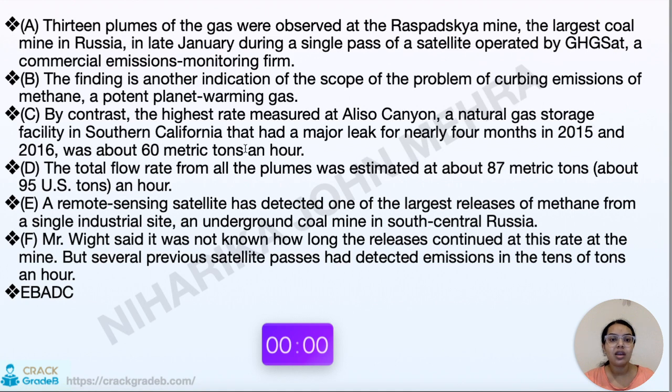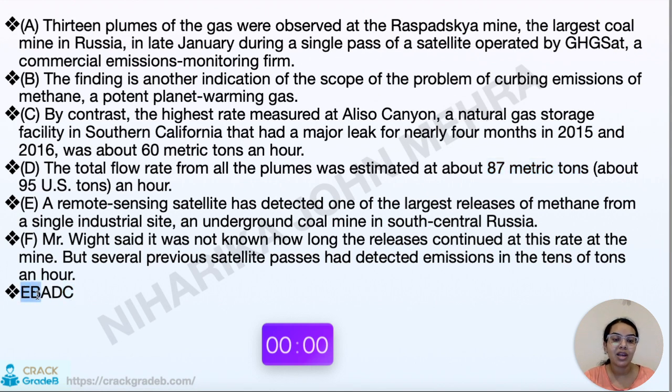You can see here that by contrast means something opposite to the information used before. There is a figure given, 60 metric tons, and here we have 87 metric tons. So in the context of how much gas there was, we are getting two numbers, one in contrast to the other. You have D and C, one pair.